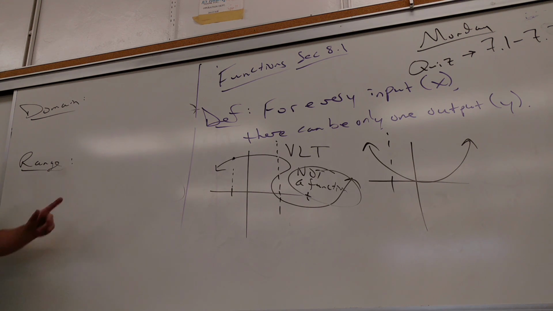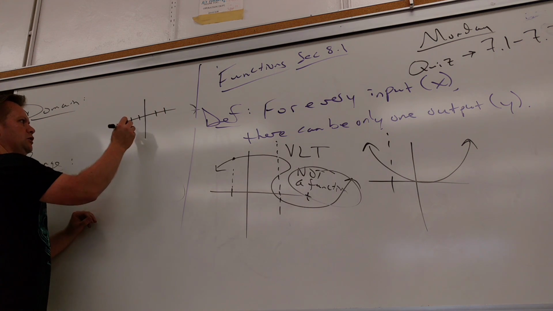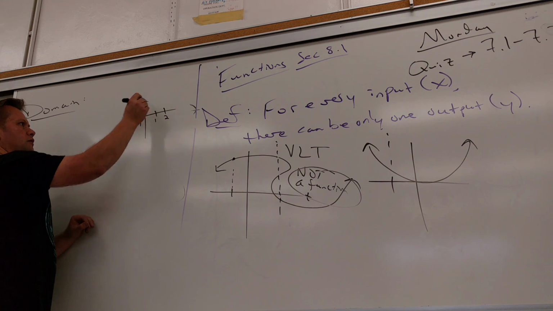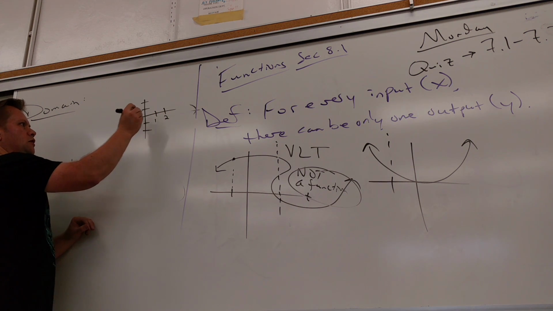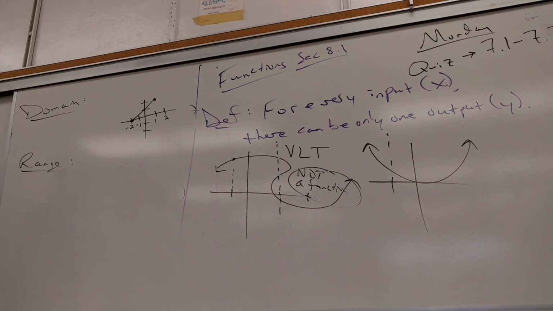You can do it. So, if I had this function here, you could do it, Jeff. So if I had this function here, what would the domain be? -1. Yeah, why is 2 not included in the domain?